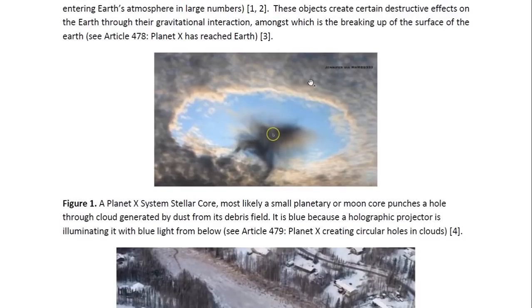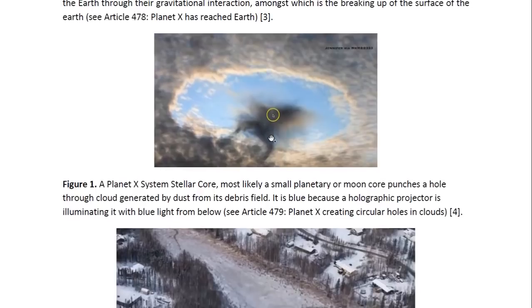And here you see what appears at first to be a hole in cloud, but if you look carefully you can see that the surface here, and there is a surface, is actually convex. In other words, it curves downwards. You can see the cloud following the curvature of what is actually an object. And the object looks blue because there's a holographic projector emitting blue light, illuminating it from below.